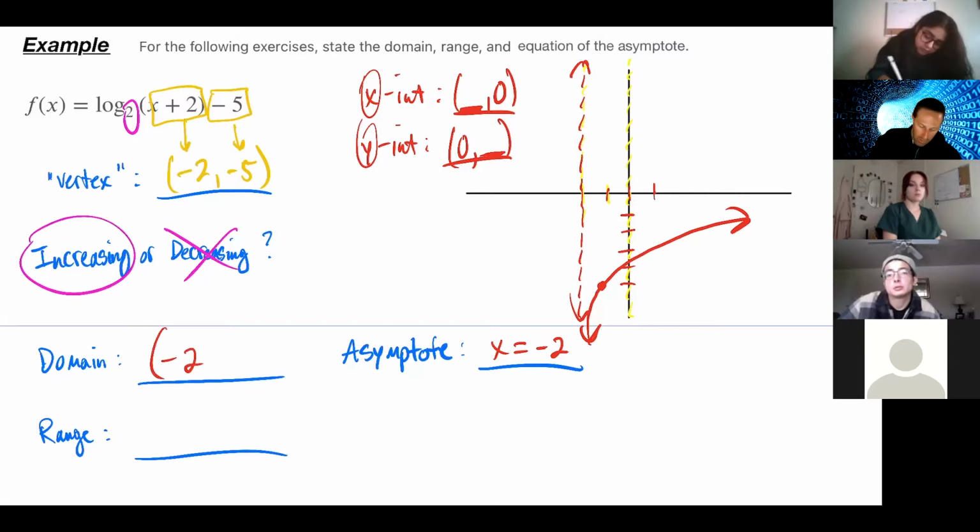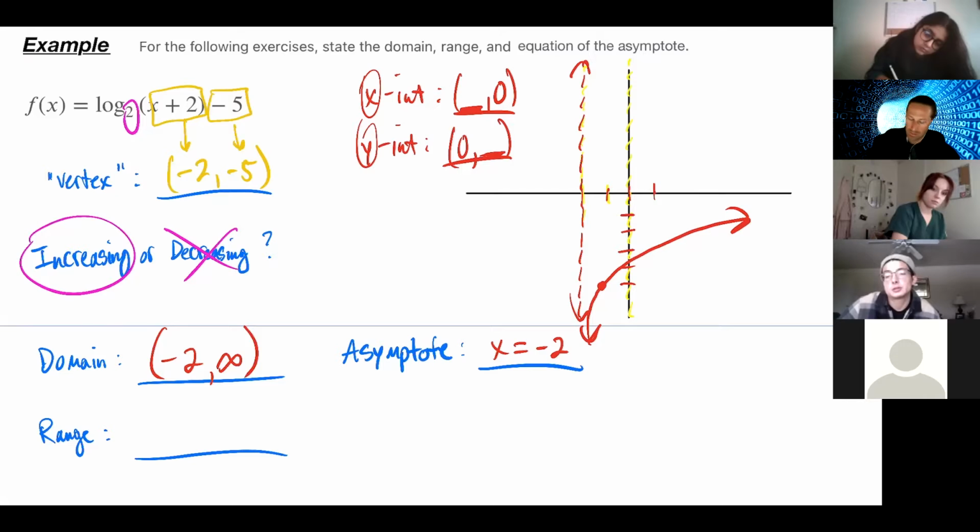Include it. So I'm going to put a parenthesis, because -2 is not an x value that I can actually put in. Okay? Then what? What are those x values going to hit from there? Infinity. Positive infinity. Yeah, very good. Do we ever include infinities? No. Then open parenthesis around those.